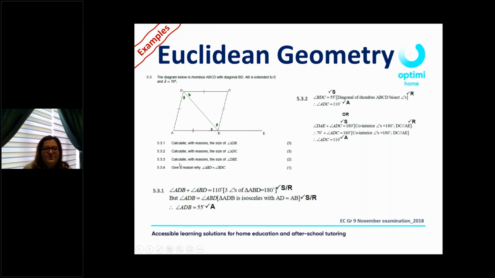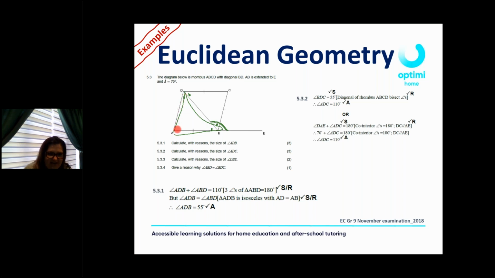Right, 5.3.3, calculate with reasons the size of angle DBE. DBE is this angle over here. And this is the exterior angle of triangle ADB. And what do I know about the exterior angle of a triangle? It's equal to the sum of the two opposite interior angles.